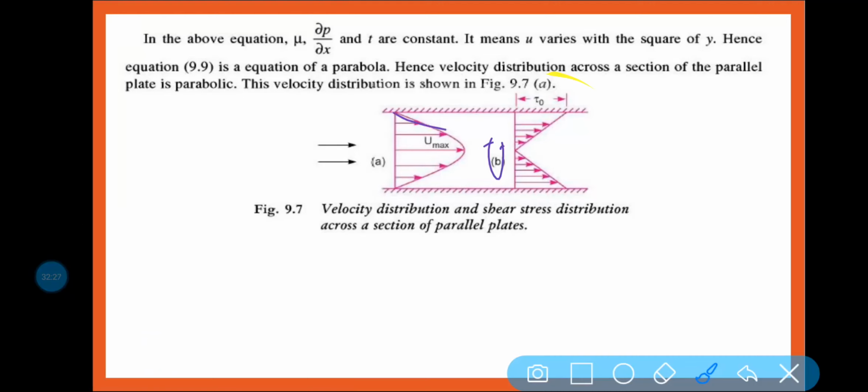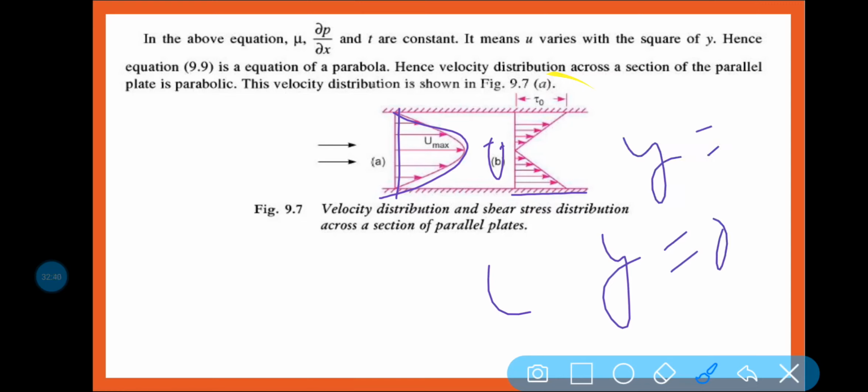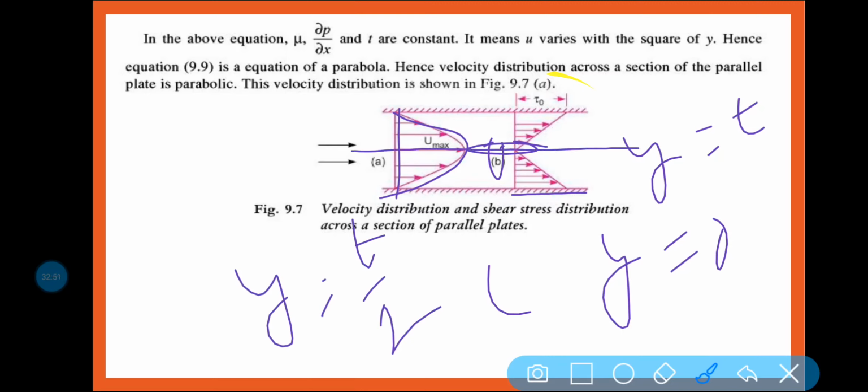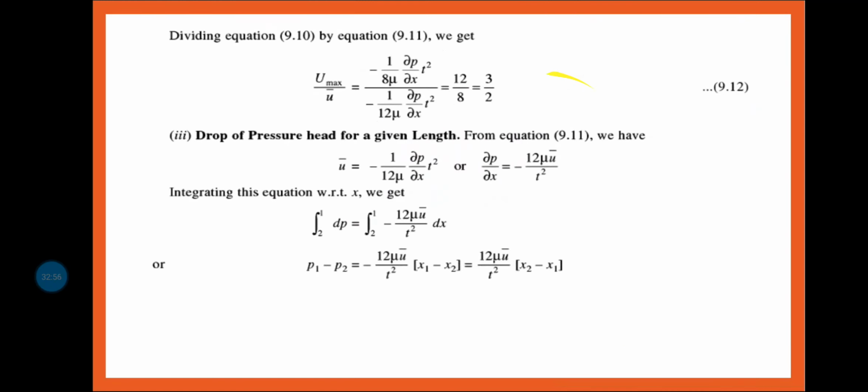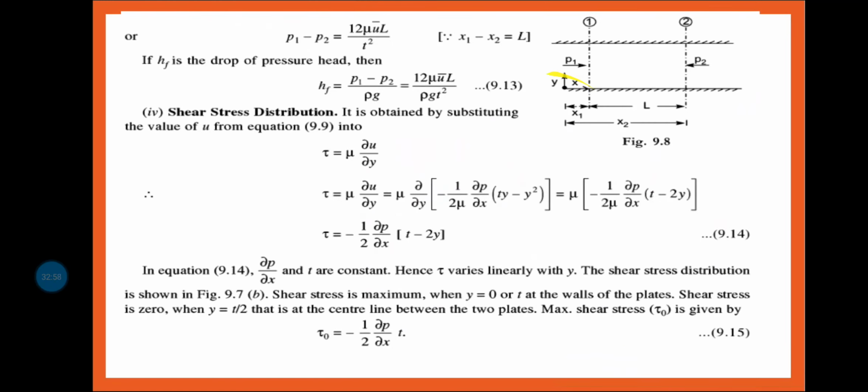In this figure 9.7b, you can see the velocity distribution. Basically, this is the velocity distribution diagram. Now you can see the shear stress is maximum when y is equal to 0 and y is equal to t, and shear stress is minimum when y is equal to t by 2. Am I right? Thickness by 2, because maximum velocity is in the middle portion, so minimum shear stress will occur here, isn't it? So that is why it is written y is equal to t by 2.